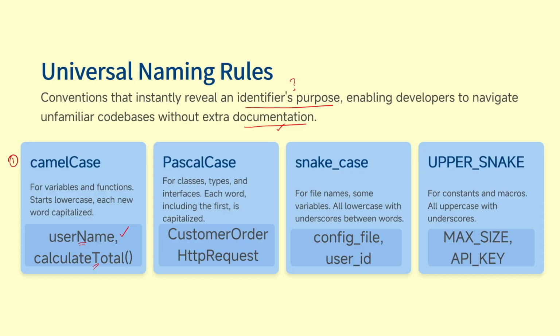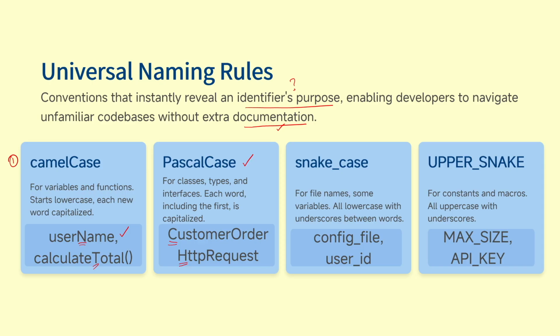And second is Pascal case. The main difference between camel case and Pascal case is that here the first word itself starts with a capital letter, or uppercase. So every word starts with uppercase in Pascal case. This is the second method in which you can name.